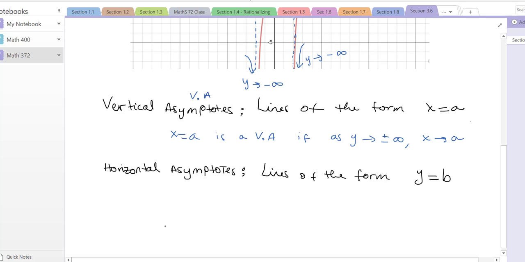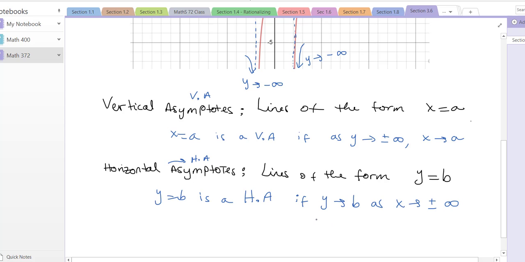And so we're going to say y equals b is a horizontal asymptote, HA, if y approaches b as x goes towards plus or minus infinity.